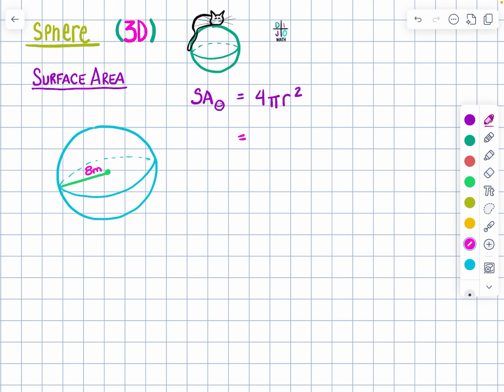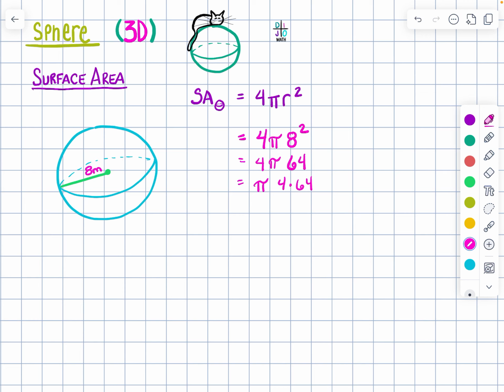Okay, so let's go ahead and plug in our 8 meters into our formula. So I have 4 pi and we have 8 squared. Okay, again, bringing down the 4 pi. 8 squared is 64. And now I'm going to rearrange this to 4 times 64.